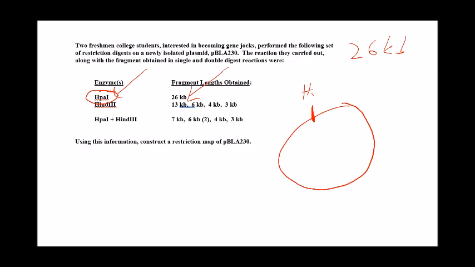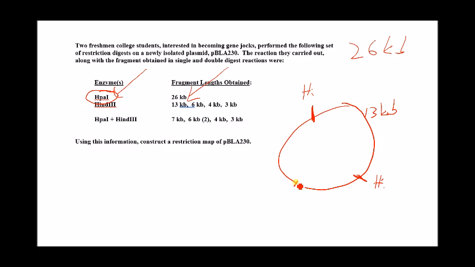And then let's say it cuts about right here, again HI. Now I did that to be in the middle because we know the whole thing is 26 kilobase pairs. We know one of the fragments formed with HIND3 is about 13, like so. And then we get another fragment that's about 6.